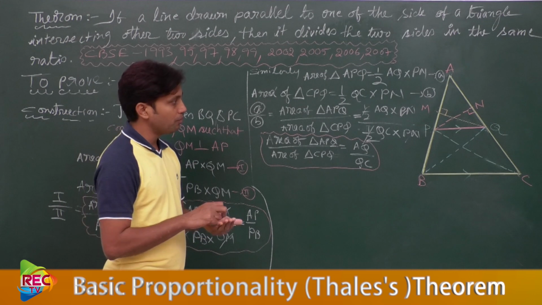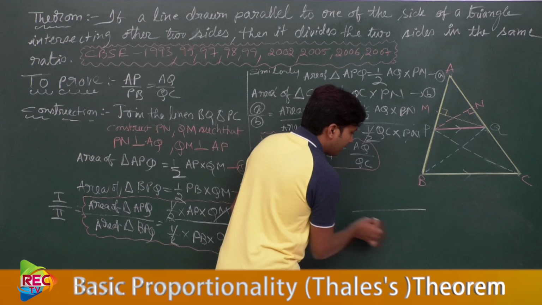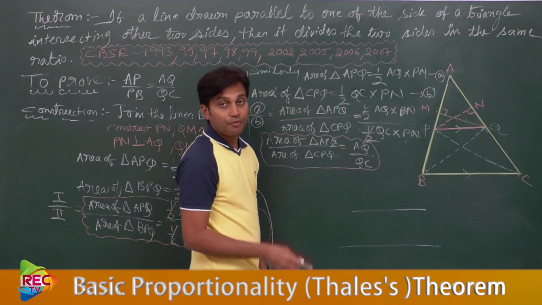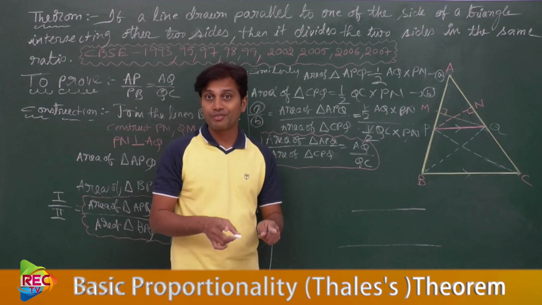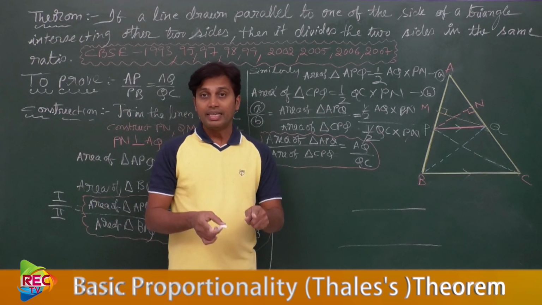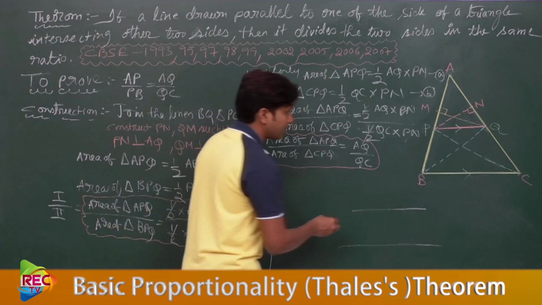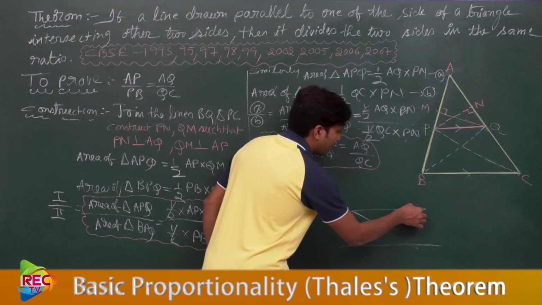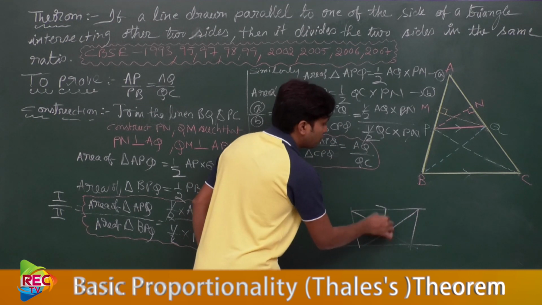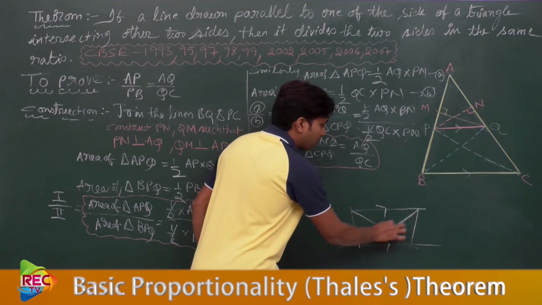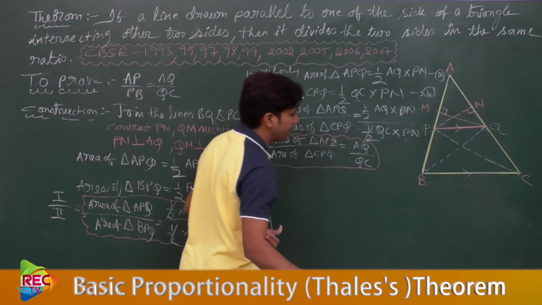Now let me tell you one more thing about areas. A property of areas says that, if these two are parallel lines, from 9th standard we studied the properties of areas of triangles and parallelograms. In that chapter we studied this property, which I am going to tell you now. See this, these are the two triangles I have drawn here. Let me draw with a different color so that you can identify easily.